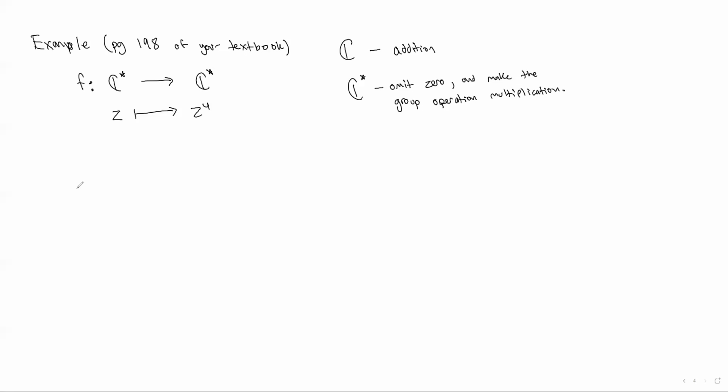Okay, so we check if F is a homomorphism as before. F of ZW is equal to ZW to the power of 4. F of Z times F of W equals Z to the 4 times W to the 4. And these are equal in the complex numbers.